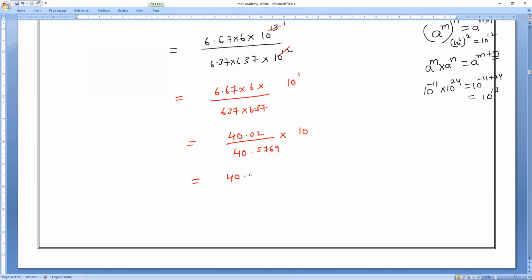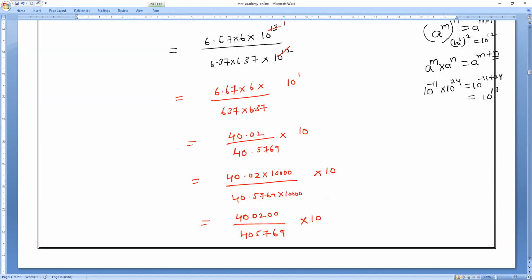Multiply with 1,000 if you don't know, to remove the decimal, or 10,000 for four digits. So 40.02 into 10,000 divided by 40.5769 into 10,000. Is it okay, guys? Please respond. Into 10. Clear, everyone? So do the division.